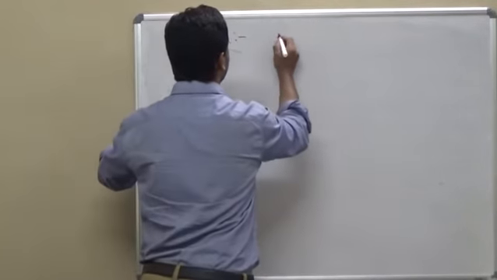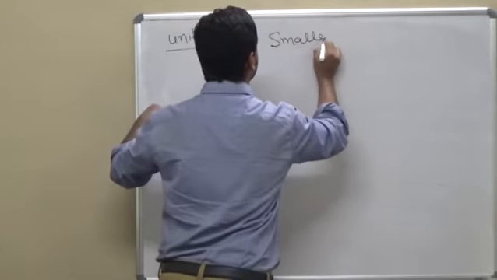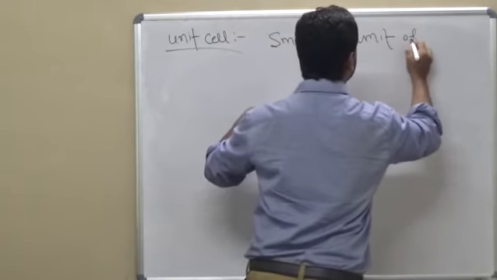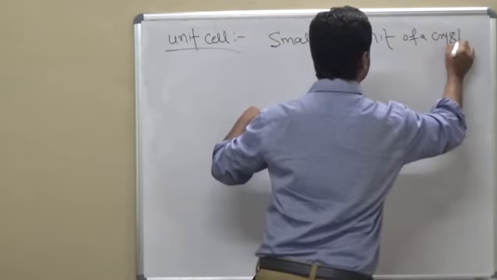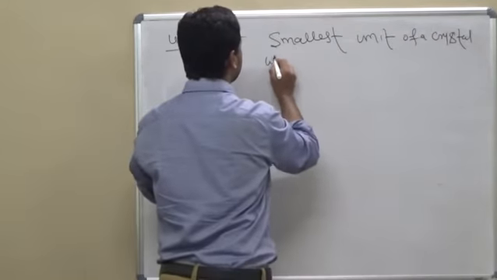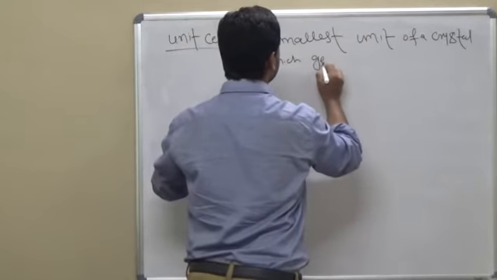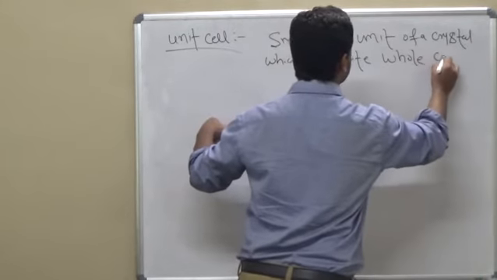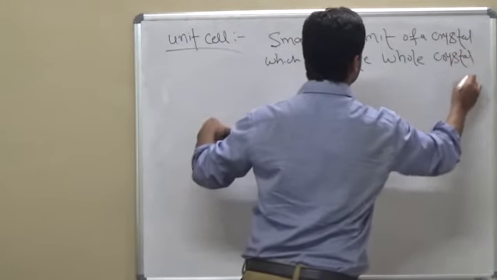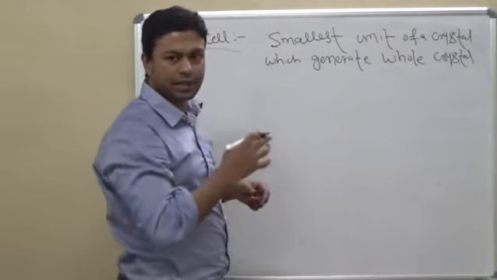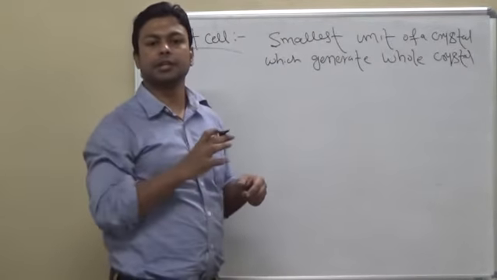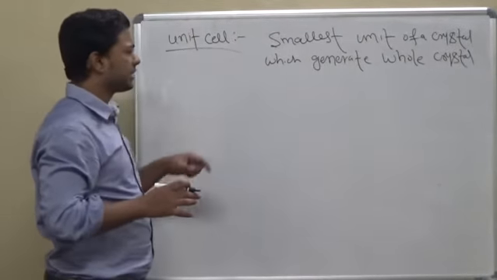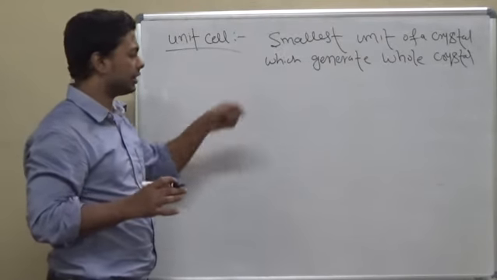So this is the smallest unit of a crystal which generates the whole crystal or a space lattice. If we continue indefinitely in a regular manner, we will get a crystal which has the same symmetry as the crystal.